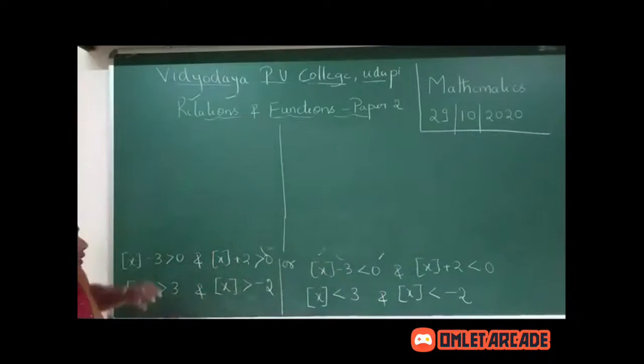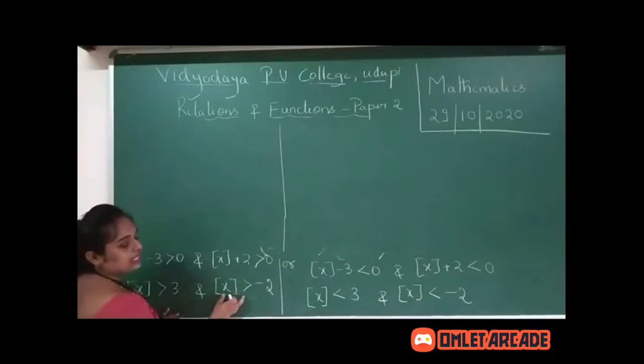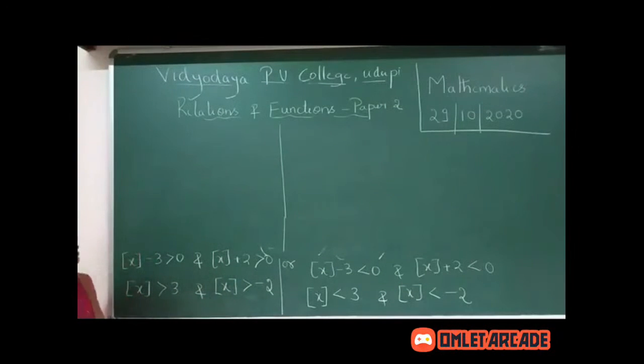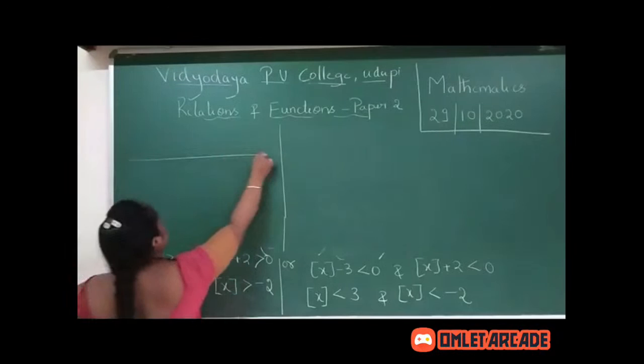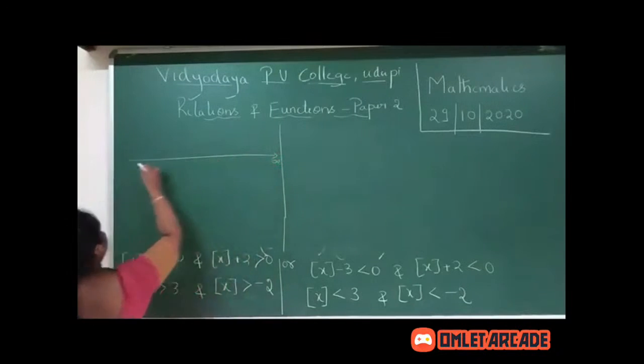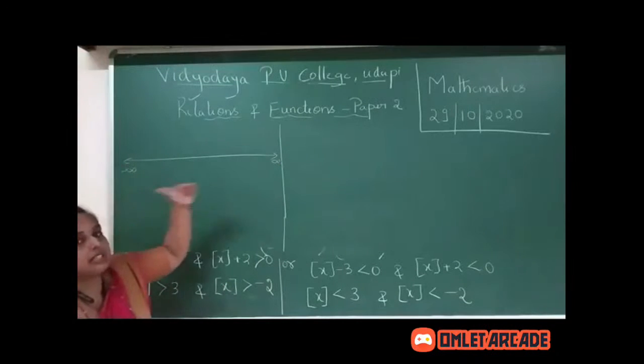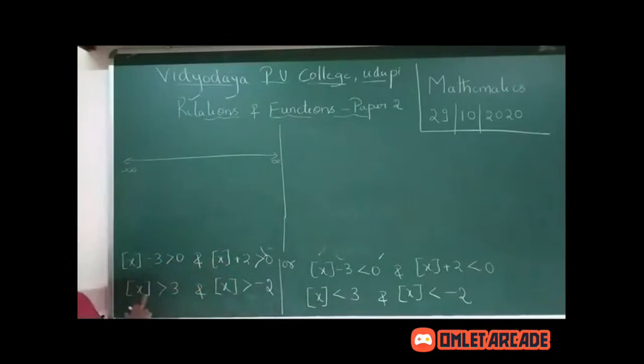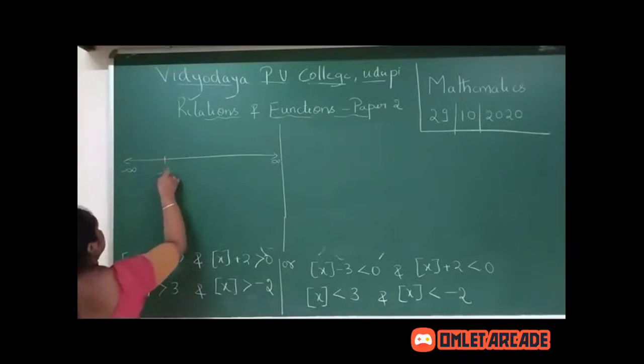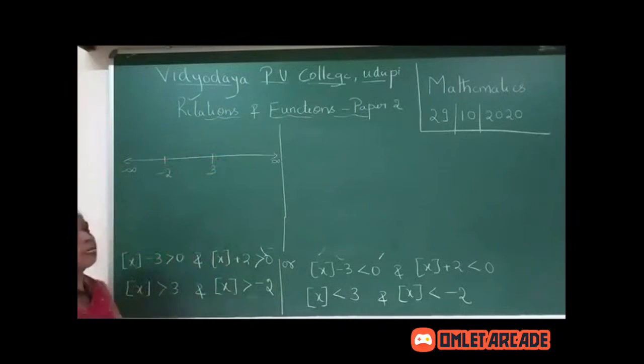Now x greater than 3 and greatest integer x greater than minus 2. So if I draw the number line, this is infinity and this is minus infinity. This side negative values, that side positive values. So x is 3 and minus 2, two values I have. Minus 2 is somewhere here and 3 is here. Now look here.